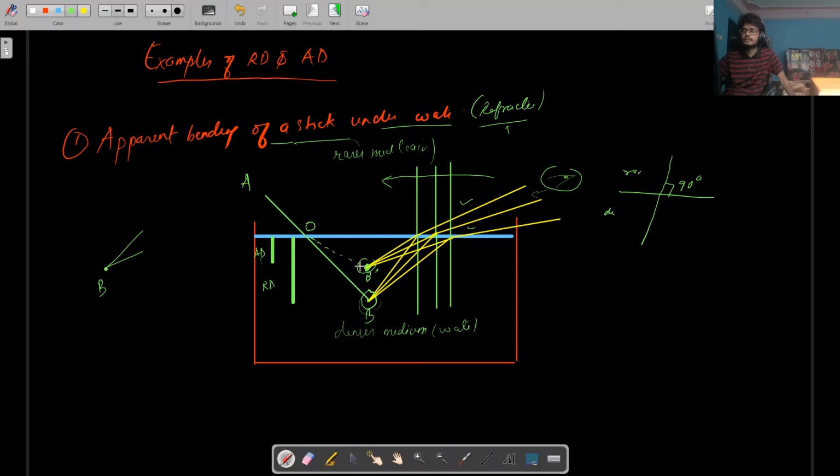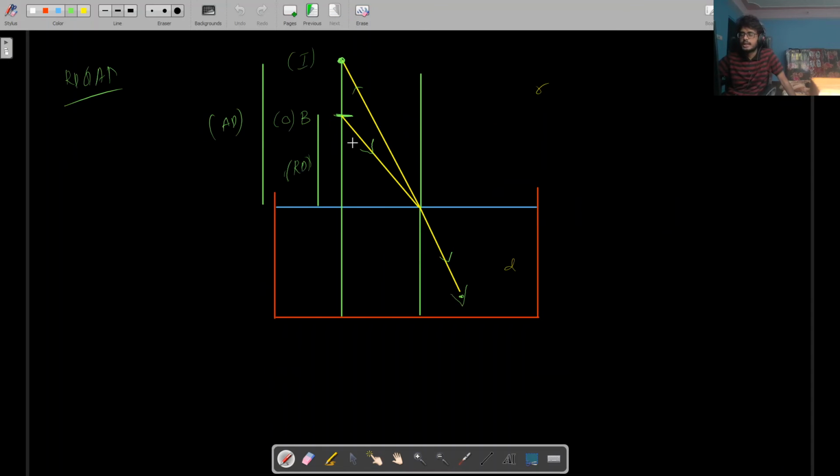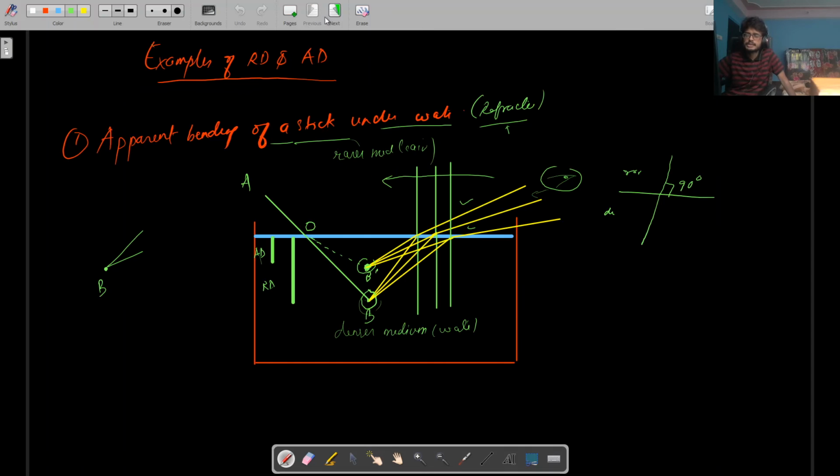The bird will find the fish in that position, and the fish will find the bird in that position. These are basically used by the birds that scavenge on fishes, right? There are some birds that go and catch fishes inside water. They are used to it.